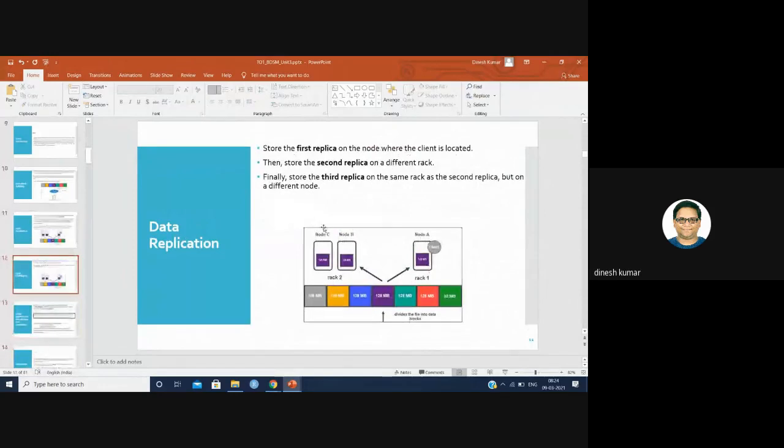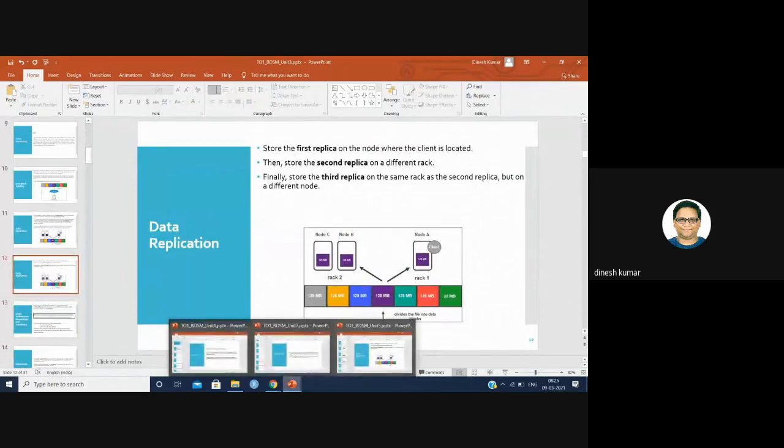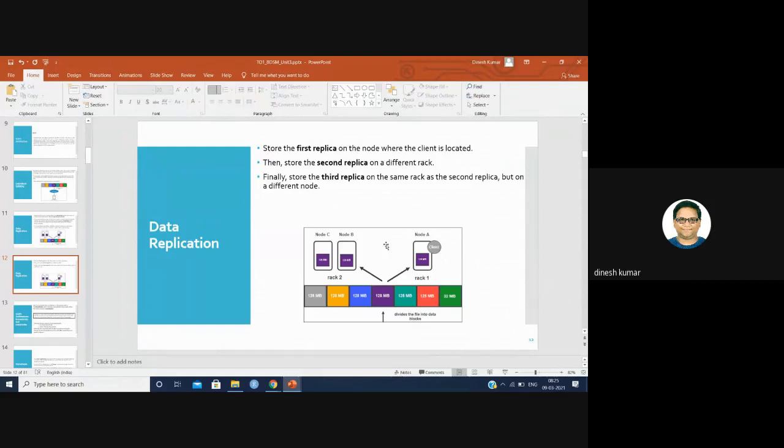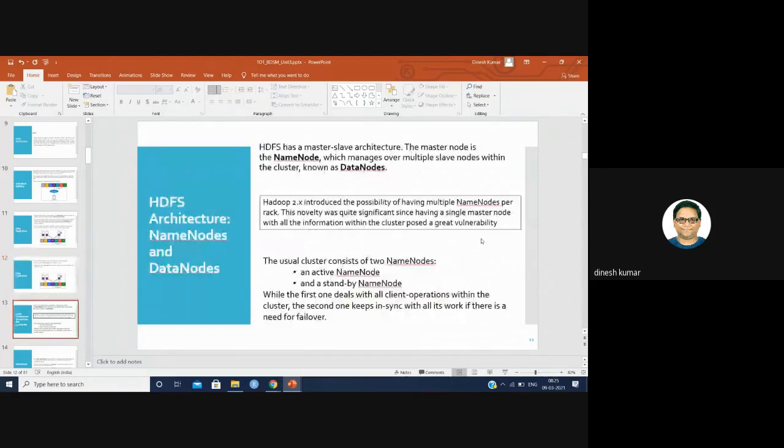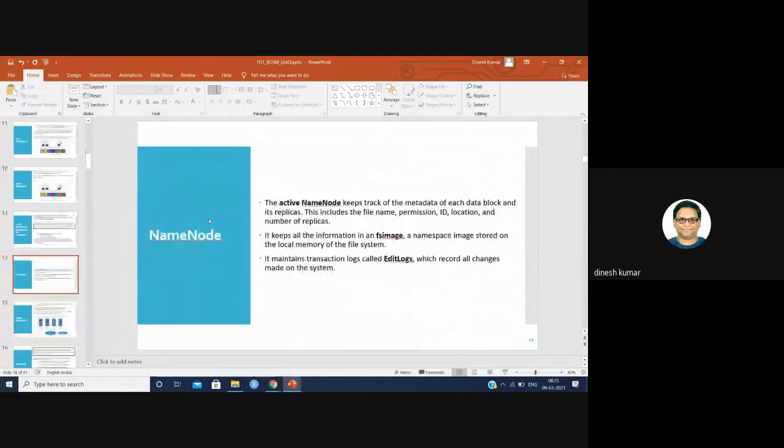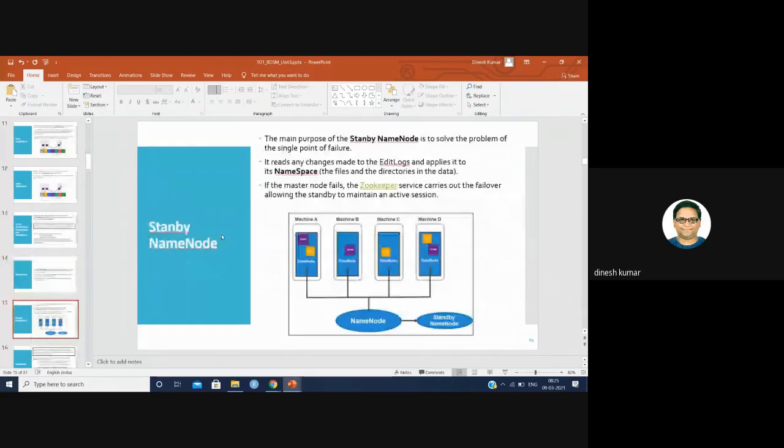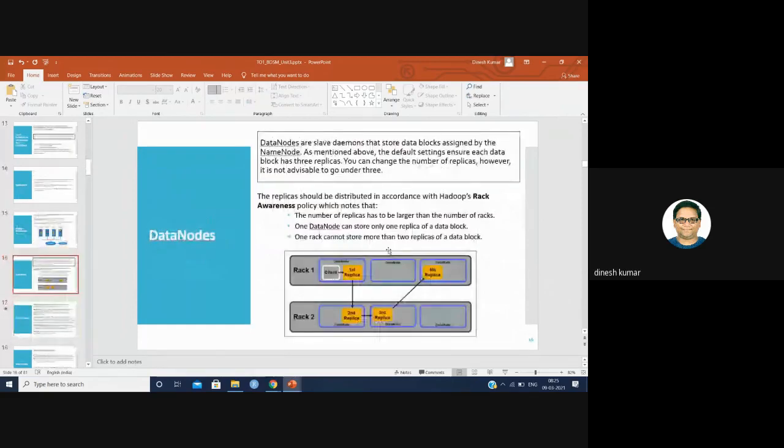You are also getting more feeling of these things in the special class that you have started taking. Name node, standby name node, why it is needed. Okay, data node, then we talked about HDFS features.